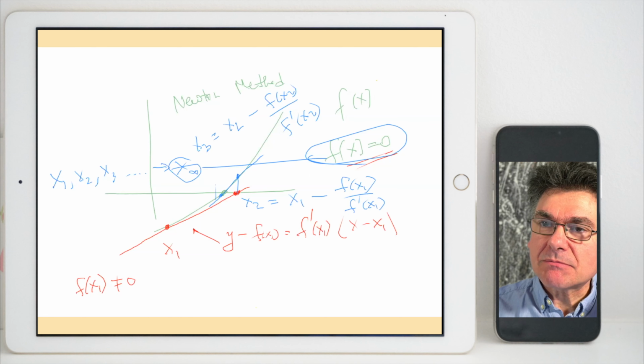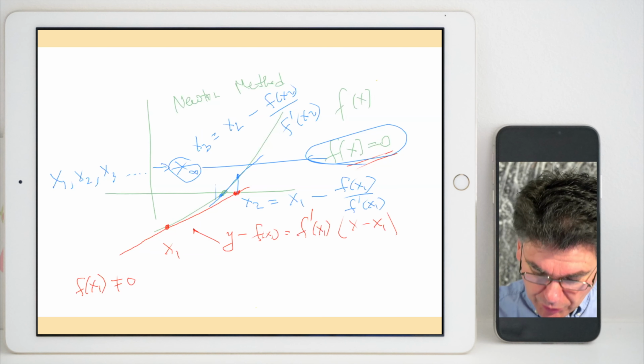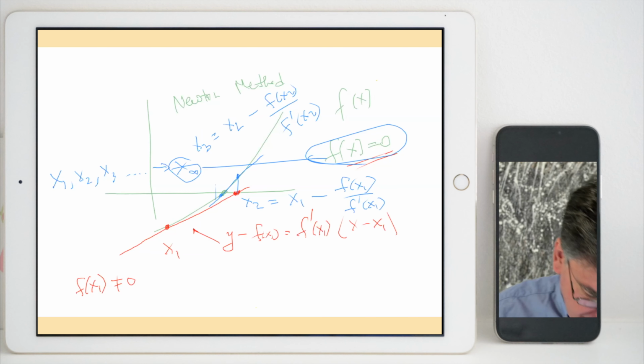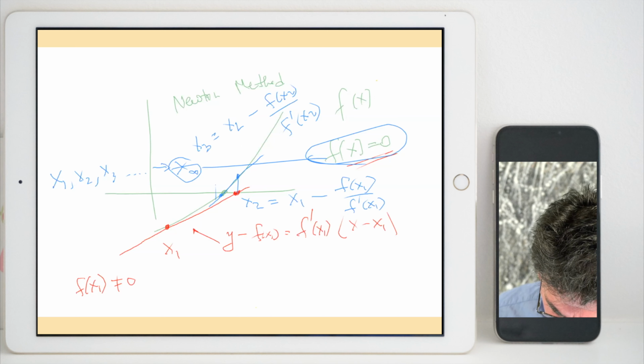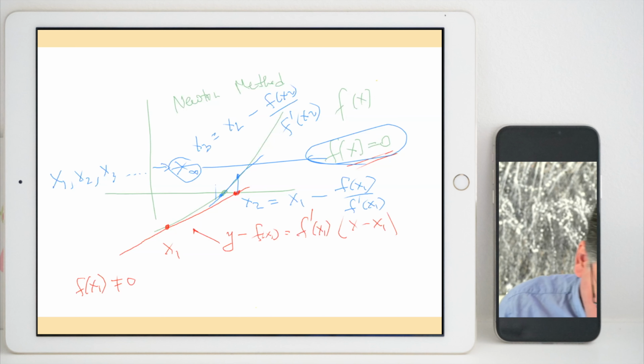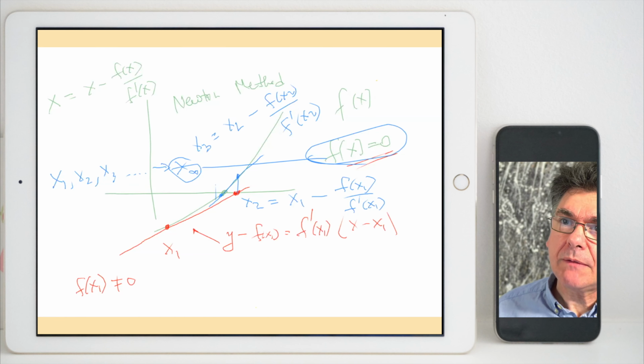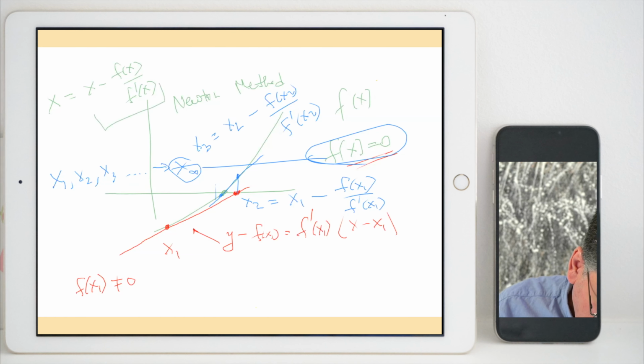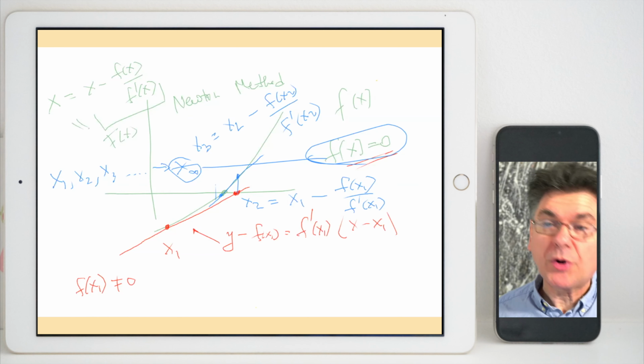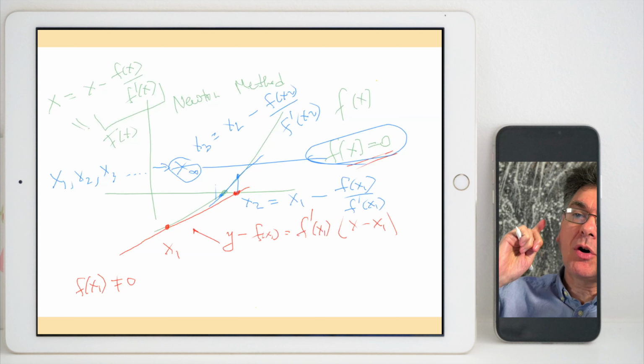And this sequence happens to be also a fixed point. It's a fixed point of what function? It's a fixed point of this function: x equals x minus f(x) divided by f prime of x. Okay? In other words, if I call this function capital F of x, I'm looking for a point where x is equal to capital F of x.